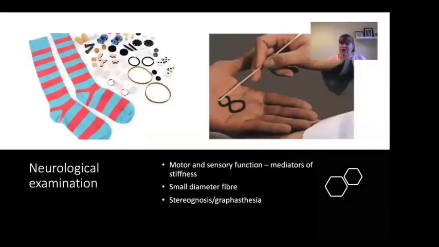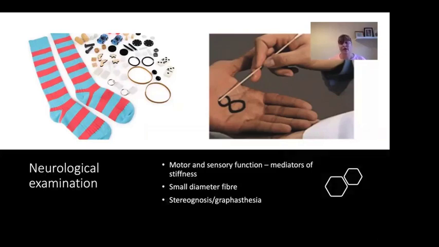The neurological examination we're going to look at is motor and sensory function. And we know, obviously, neurological damage, especially to the ulnar nerve, can cause those neurogenic mediators of stiffness. But we're also going to look at small diameter fibres, because remember, most of the crude sensory testing we do looks at large diameter fibres when we look at light touch, etc. So for small diameter fibre loss, we would look at sharp blunt, and then changes in thermal detection rates.